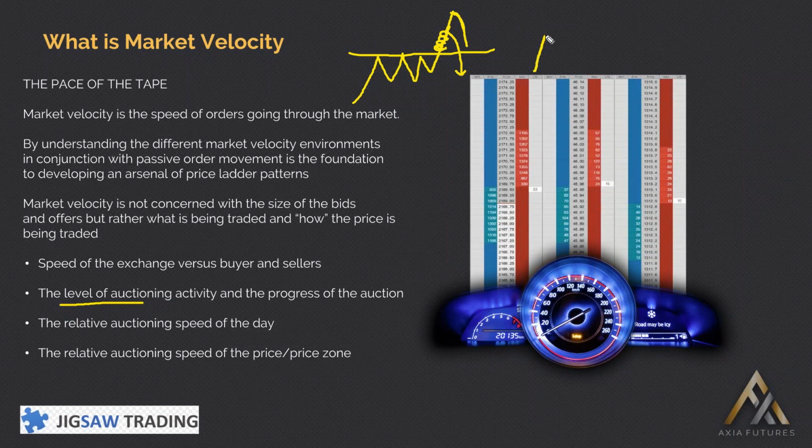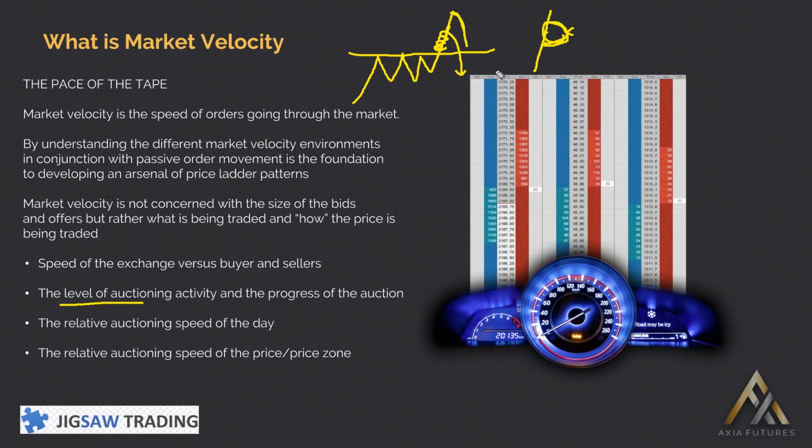So for example, the market moves up, it's auctioning 2,000 to 3,000 lots. Then there's what's called an area of interest, a high exchange area. So there's a lot of volume activity going on, and from that basis, the market has built another base to launch itself to the upside.